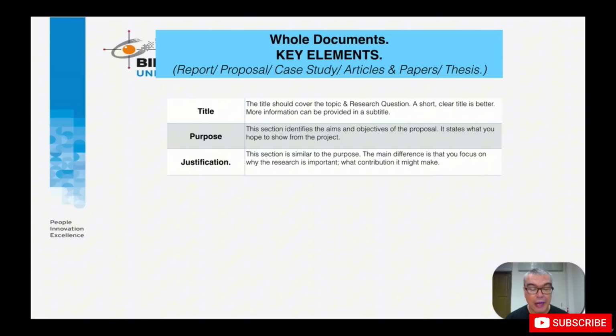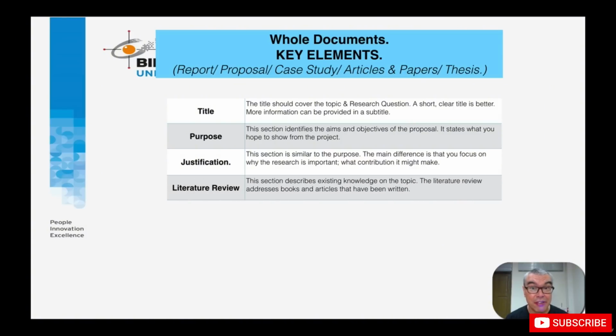Okay, the next one is the literature review. And of course, the literature review is the time where you get into the books, the articles, the journals, and you have to write about all the stuff that other people have written about on the particular topic that you are researching or studying or describing.